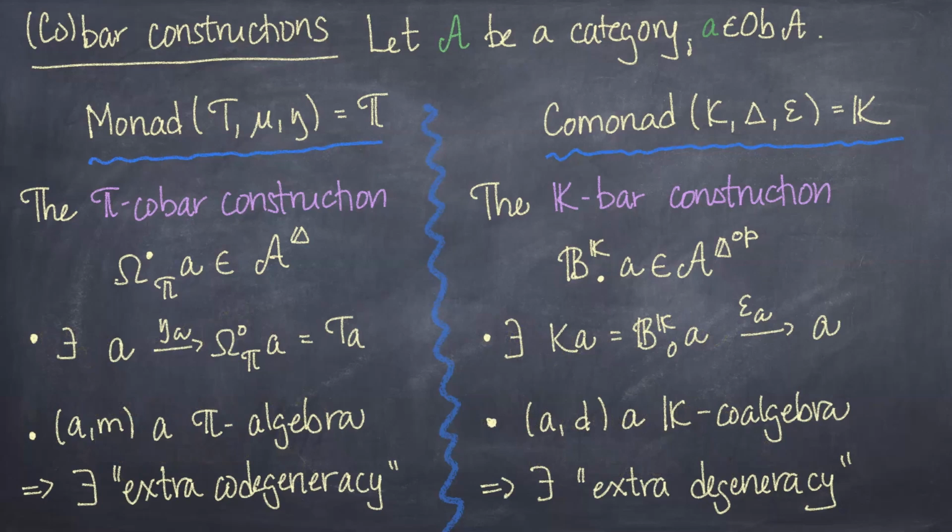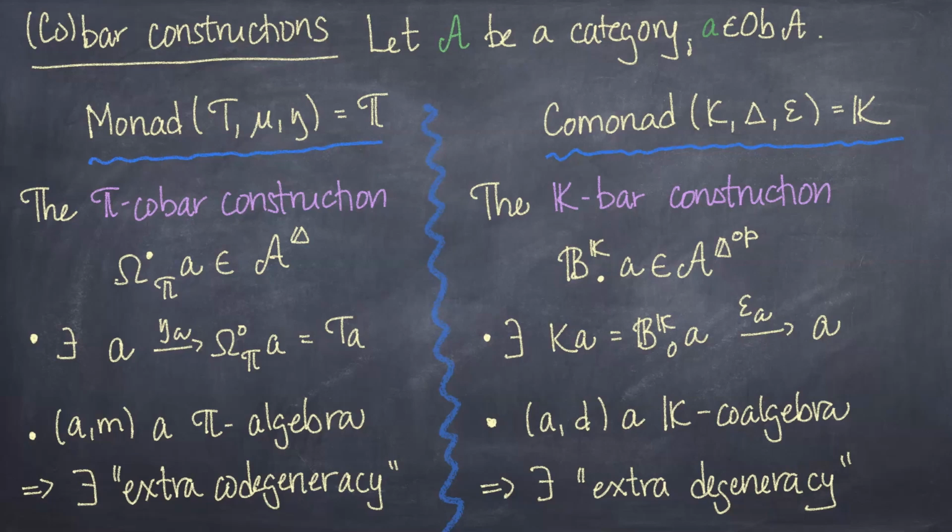The Omega 0 T of A is just TA, and the unit natural transformation of the monad from the identity to T gives us a morphism in the category A, where we look at the component at A, from A to T of A. Dually, if we look on the comonad side, the co-unit of the comonad from K to the identity on A gives us, when we look at the component at little a, a morphism from the bottom of this simplicial construction, which is just Ka, to A.